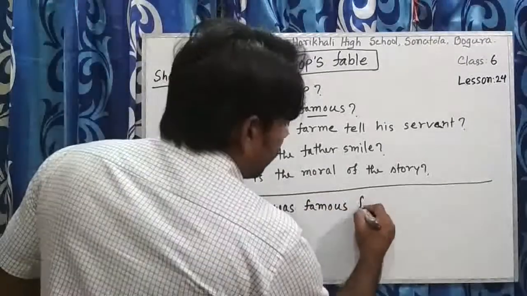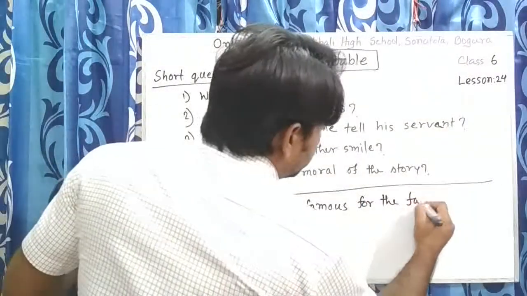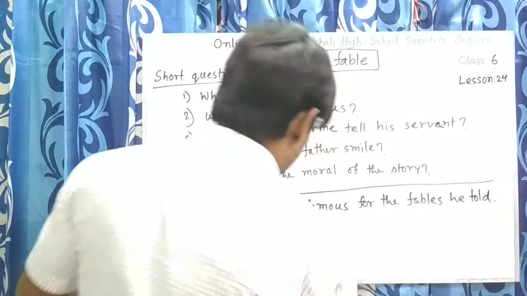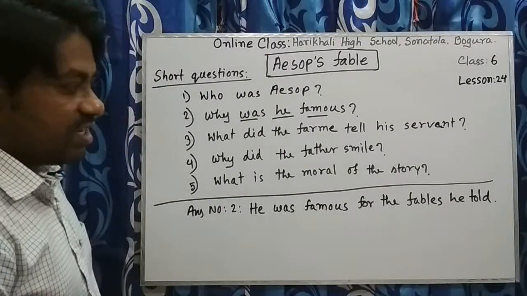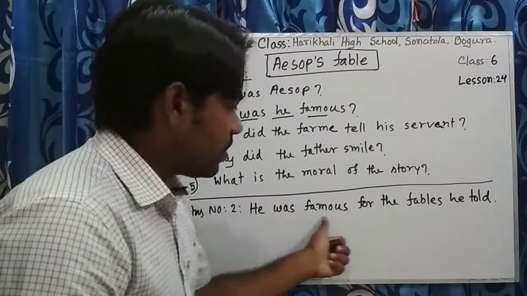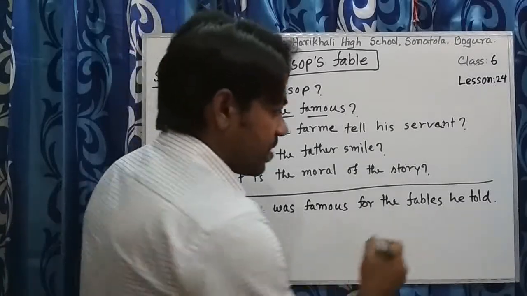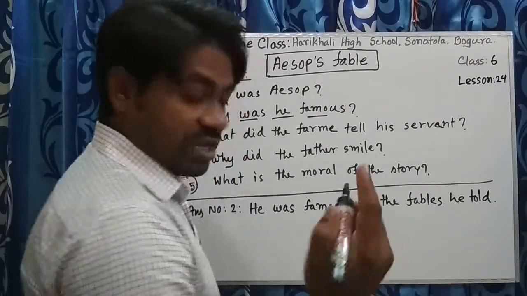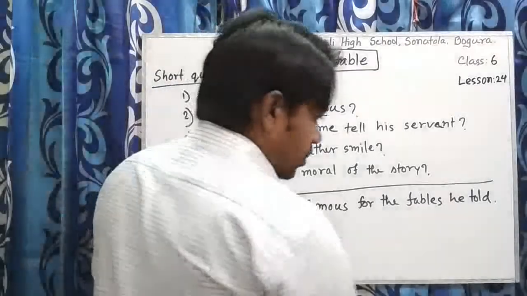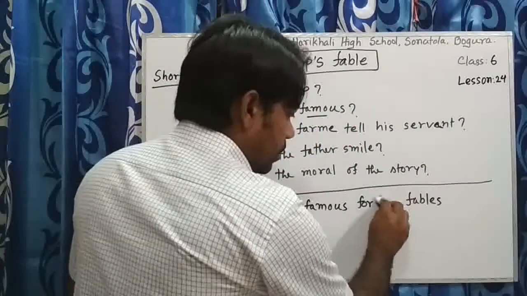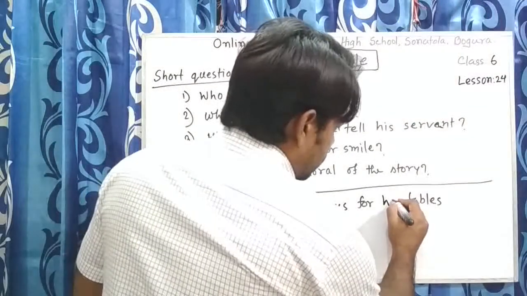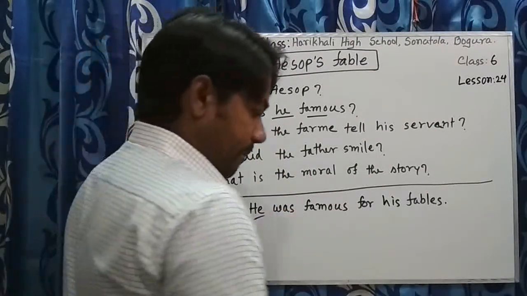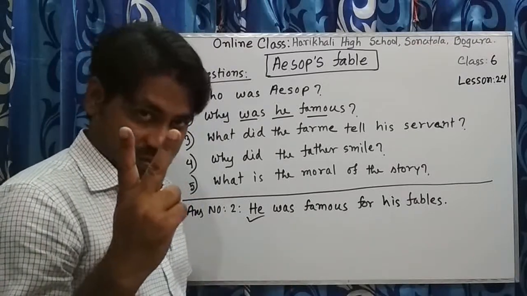He was famous for the fables he told. If you write, he was famous for his fables, that is also right. You can write this answer in 2 ways.